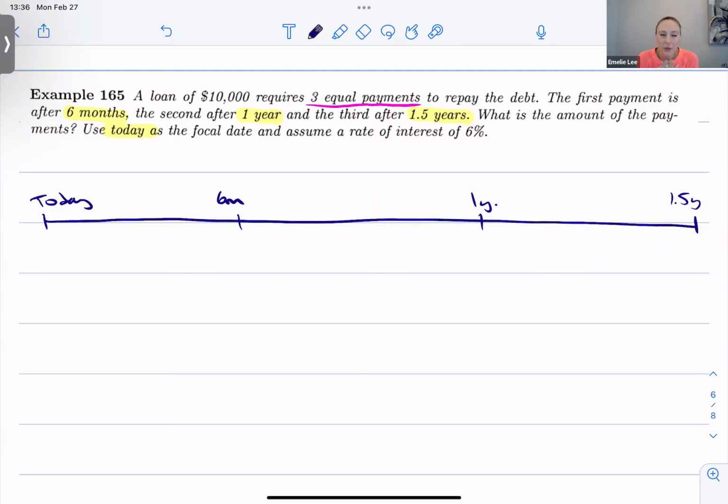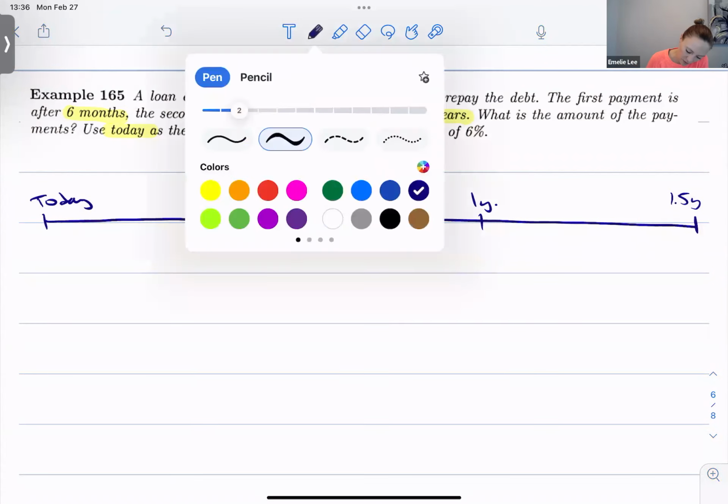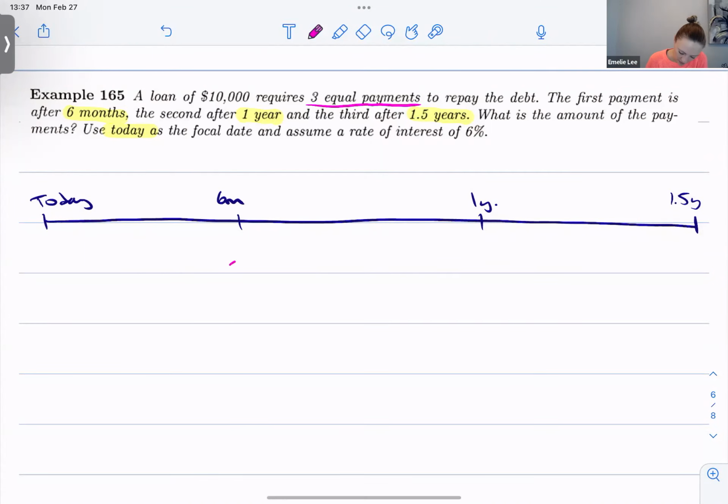The 3 equal payments, and this is the trick that we use, is I'm going to just use X to denote the payment amount. They're going to be equal payments, so X, X, X. X is the same, making each of these payments the same. 3 equal payments.